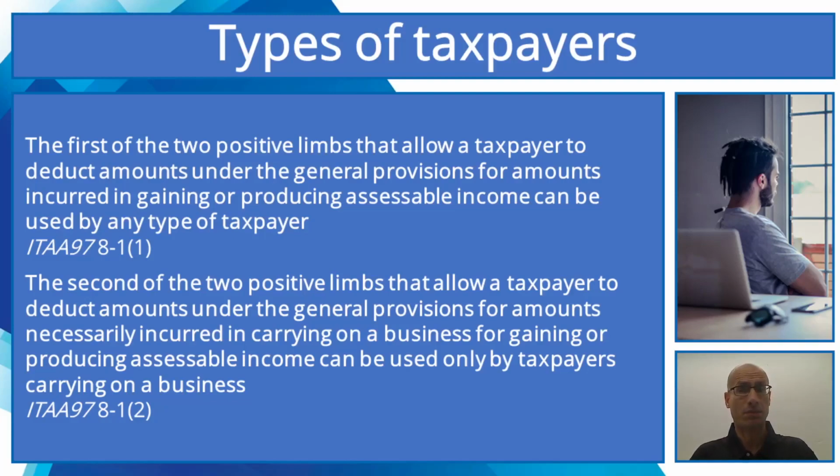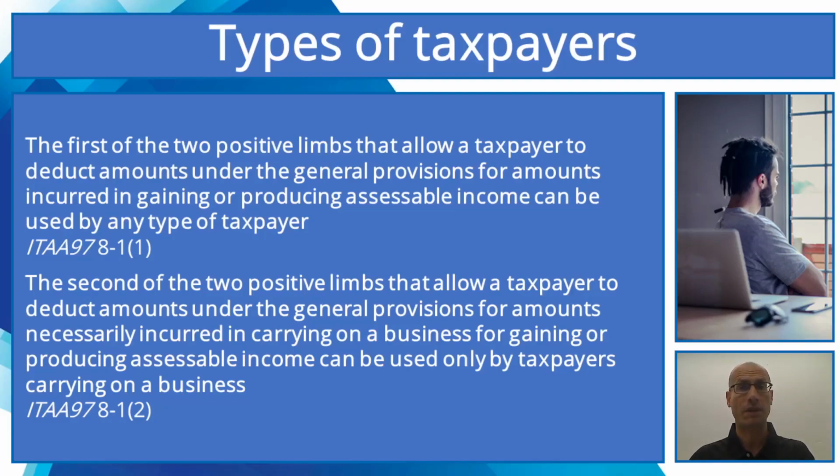Now, some of these are also covered under the specific deduction provisions, but it's important to note that things that are incidental to this process can't be claimed under 8-1 unless you're carrying on a business, because they only apply or fall under that second limb and they don't apply to the first limb.